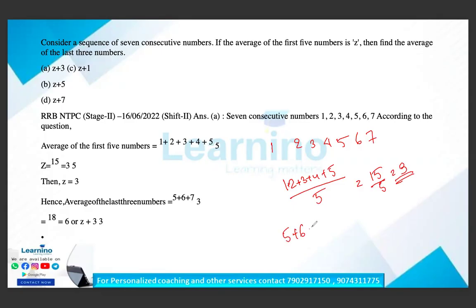Average of the last 3 numbers is 6. If the average of the first 5 numbers is Z, which is 3, then the average of the last 3 is 6. So Z plus 3 will be the answer. Option A will be the answer.